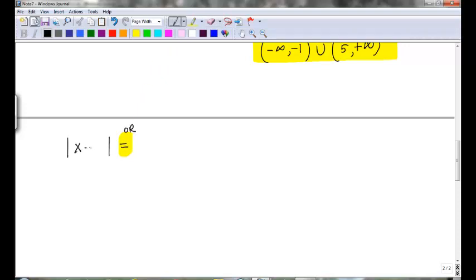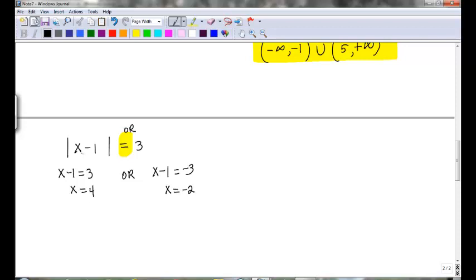Say I do the absolute value of x minus 1 equals 3. If I solve that, I would consider two cases. x minus 1 equals 3, or x minus 1 equals a negative 3. So x, if you add 1, x would equal 4. If you add 1, x would equal negative 2.